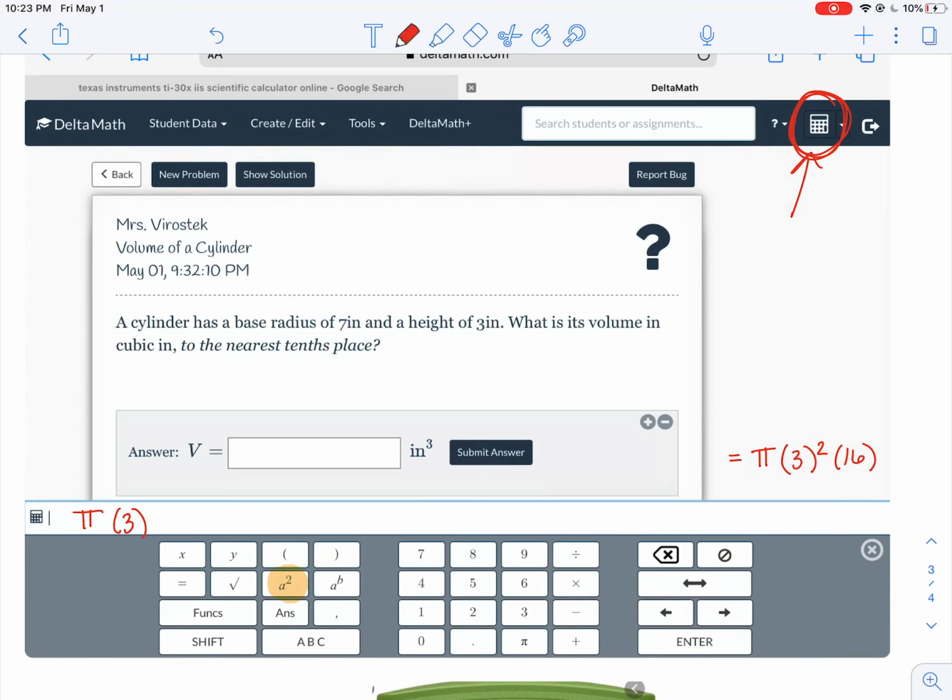The squared button on this calculator is the button I just typed right there, so that gives us the squared, and then once again parentheses, 16 parentheses. When you type this in, your answer is going to pop up on the right side there. This is where your answer is going to be. Just make sure that you round to the nearest tenth.